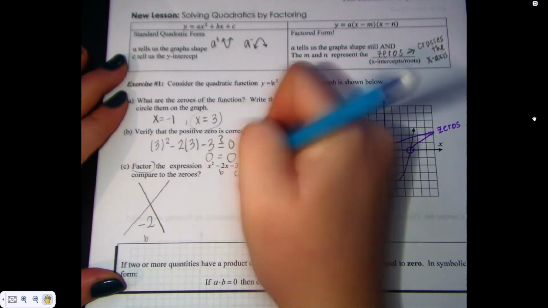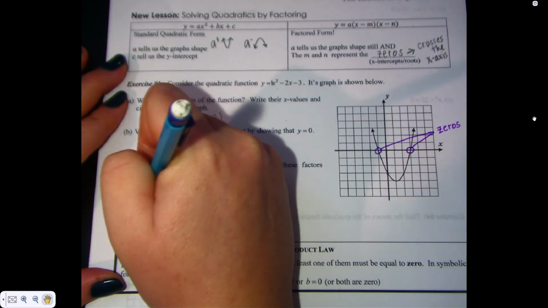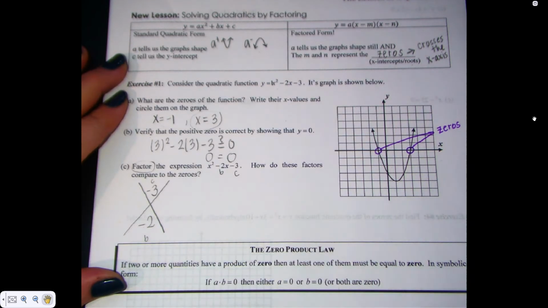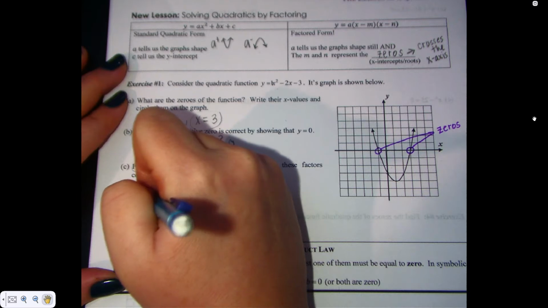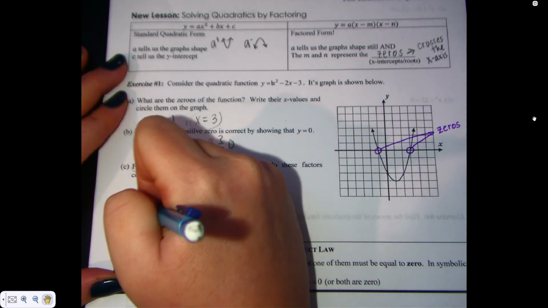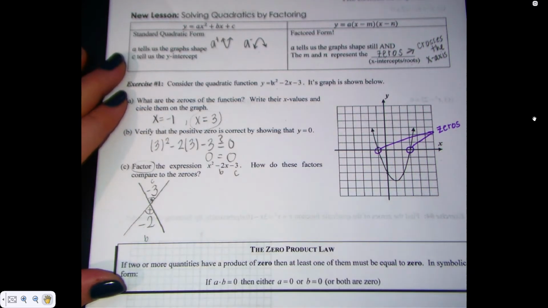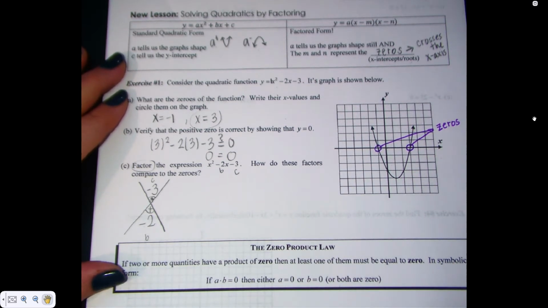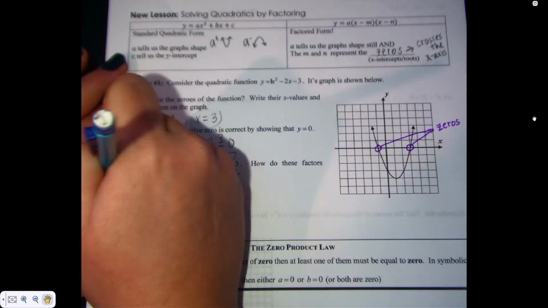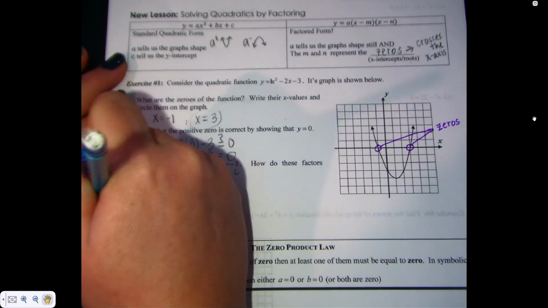And your C is this one up here, which is -3. Okay, and what I'm looking for are two numbers that multiply to give me -3, but add to give me -2. Okay, well, that'll be interesting. So I have 1 and 3.